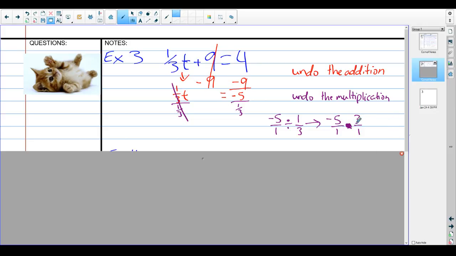And then we can multiply straight across. That gives us 5 times 3 is 15. And a negative times positive is negative. 1 times 1 is 1. So our answer is just going to be t equals -15.